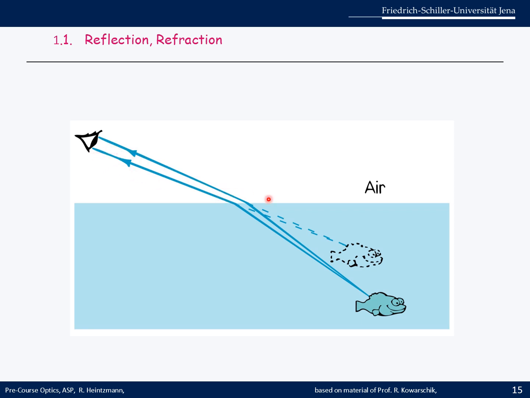You have the impression the fish is over here and you're trying to spear it to have some dinner, but in reality, the fish is here. So of course, if you train a little bit, you will learn that you have a bigger chance of hitting the fish by pointing your spear more downwards, because that's the position where it really is. And so the laws of refraction actually allow us to calculate where to point our spear when we see the fish here.